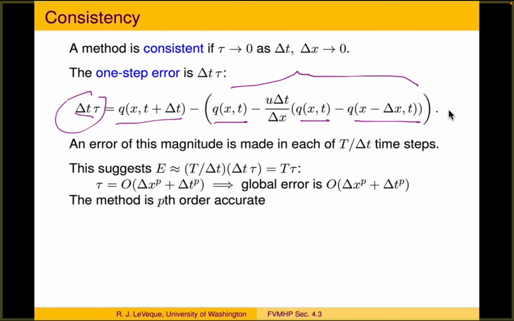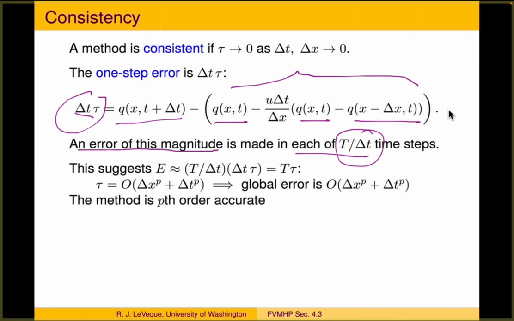However, if we think of time stepping, then we can think of making an error that has roughly this magnitude in every time step. And to get up to a fixed time capital T, we have to take roughly T divided by delta t time steps.